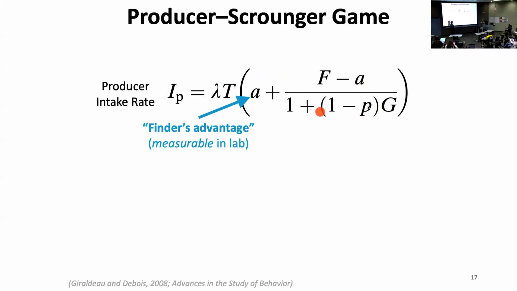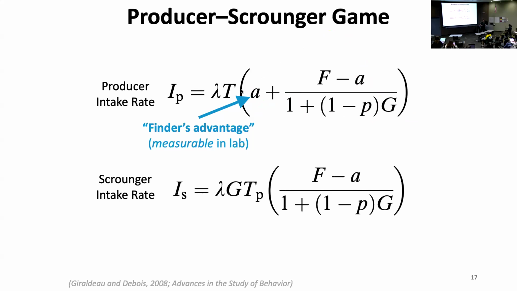Then (1 minus P) times G is the number of scroungers that come running in to split up the rest of the patch that I have found. It's how much you get before the scroungers arrive, and then imagine the rest is divided equally among you and all the scroungers that arrive. That's how much you get of everything that you find. So that's the producer's intake rate.